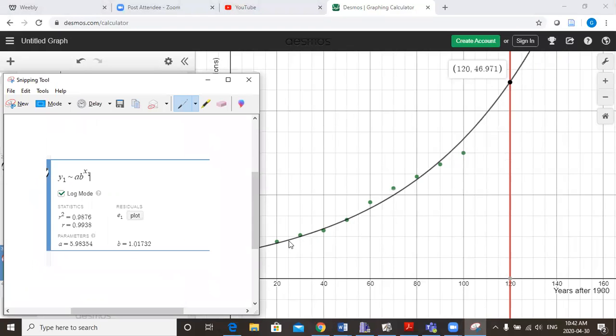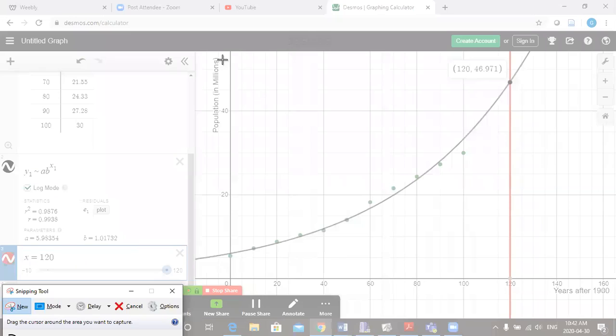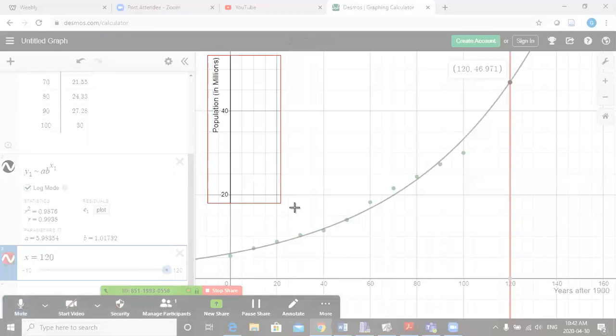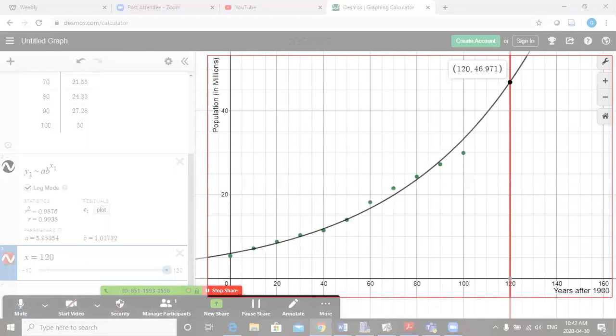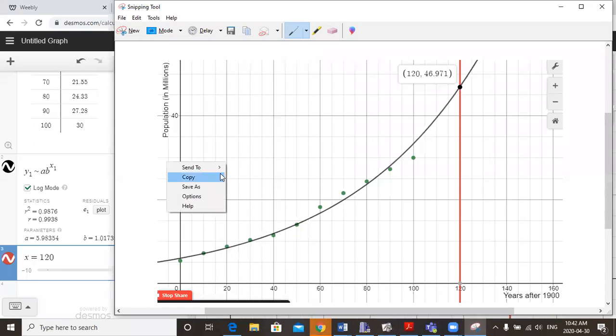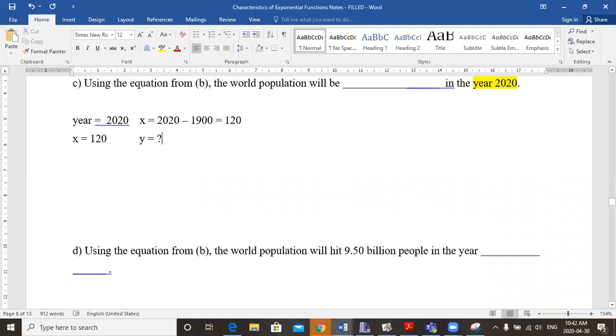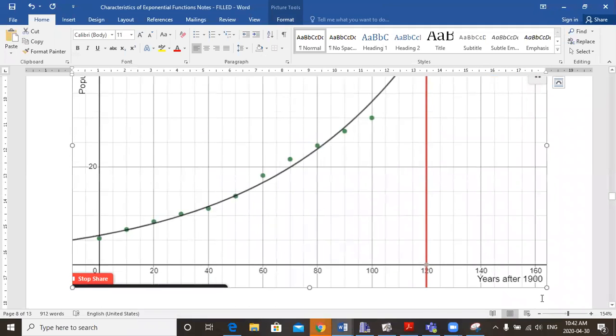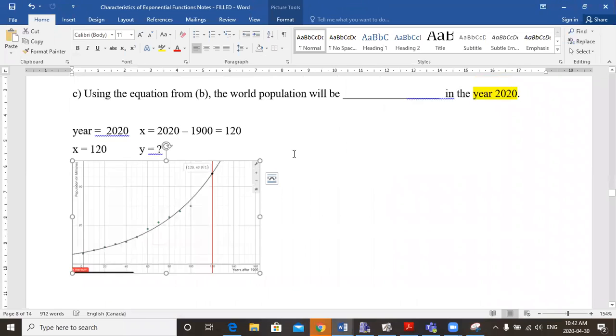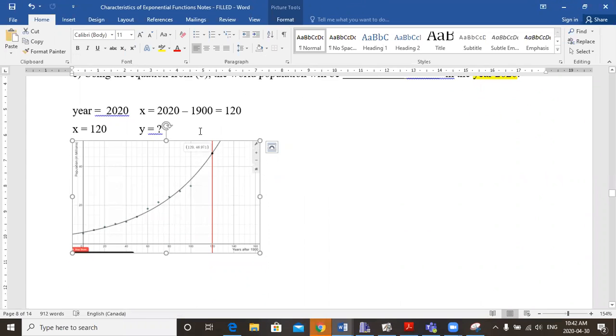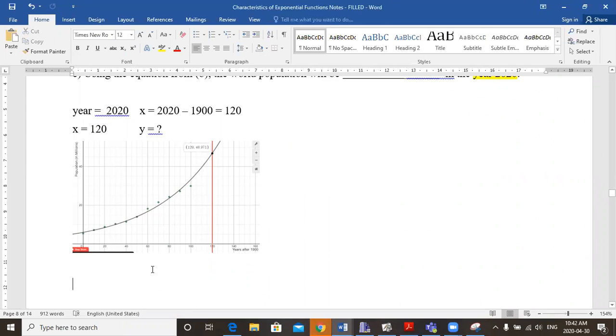So we will snip this, that's our work, and put this back into our Word document. Copy that, paste that there, just make it a bit smaller. We want that intersection point, which is 120, comma 46.971.